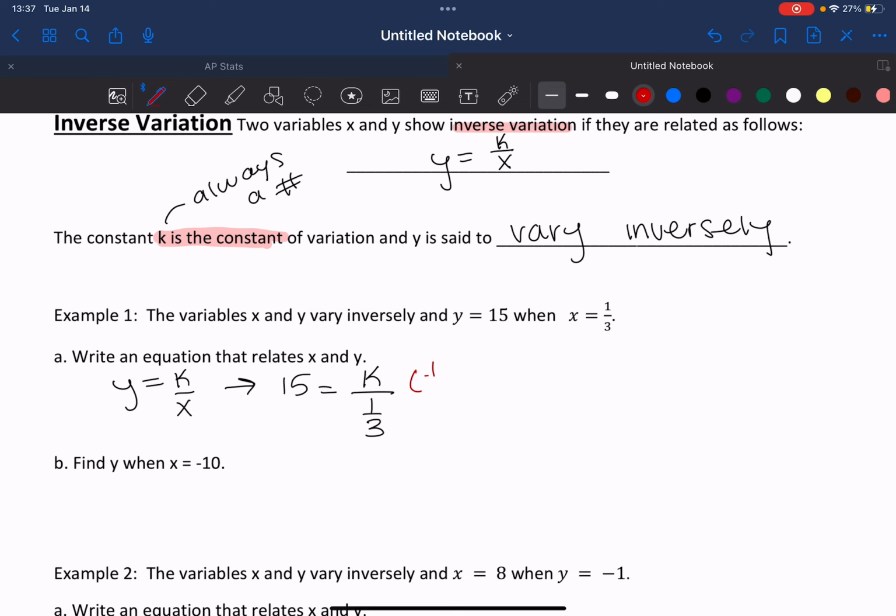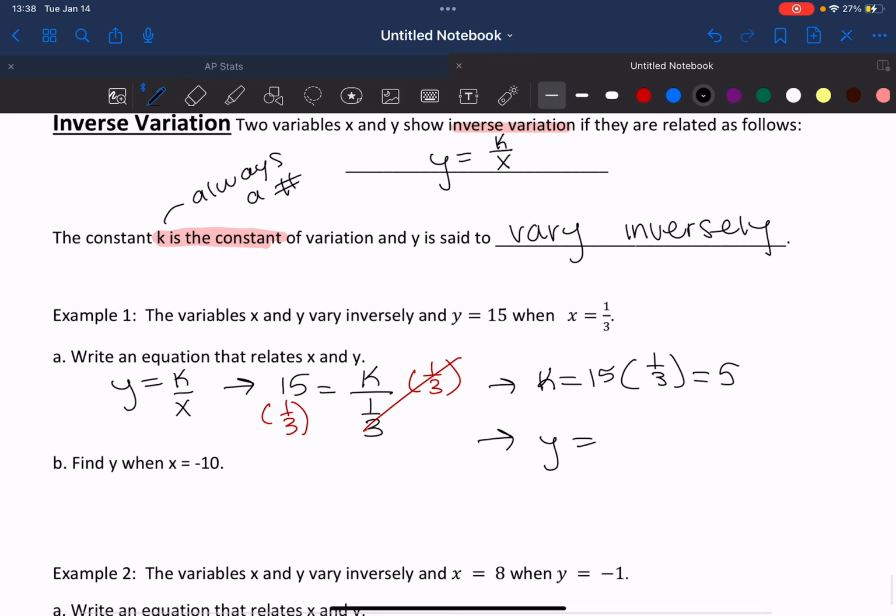So in this case, we're multiplying both sides by 1/3. What happens is that these 1/3s cancel, and we're left with k is equal to 15 times 1/3, which is 5. Once we find our k value, we now have our new equation, y is equal to 5 over x.